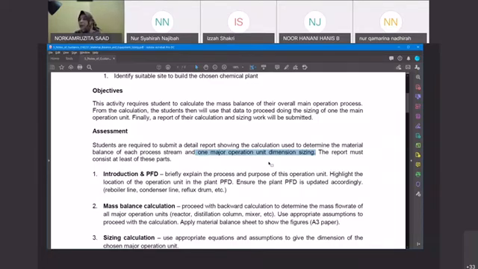Okay, so you just do the balance first based on the estimation of the flow that you have for each stream. Okay, and then you have to determine the purity of your product. Okay, how much recovery that you are expecting to have.